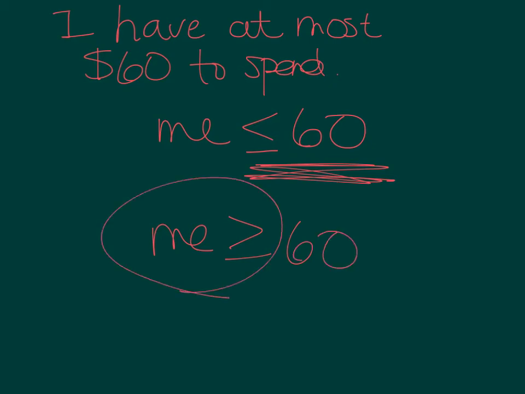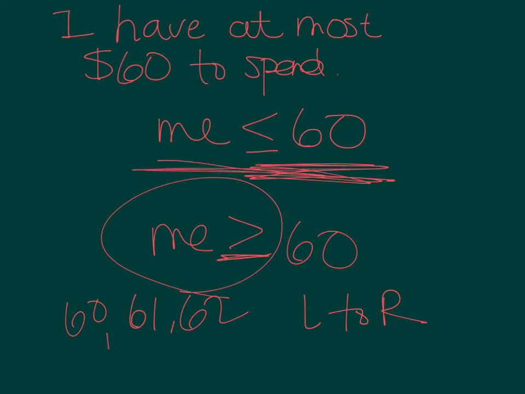I can spend 61, 62, I can spend 60 because it includes that 60. Okay, so it all depends. When you read math and you read an inequality, you read like you read a textbook. You read left to right. Okay, so when you read this, you say me is less than or equal to 60. You read it from left to right. Okay?